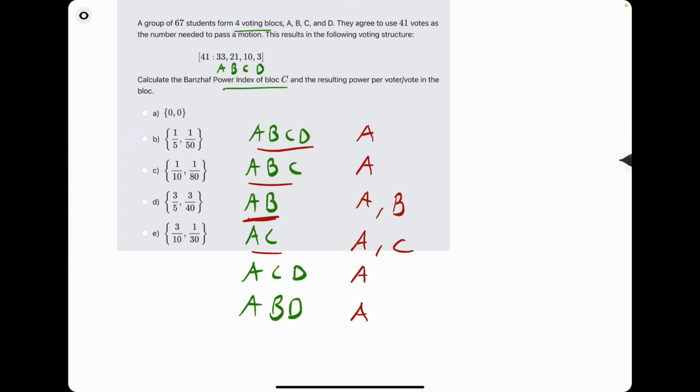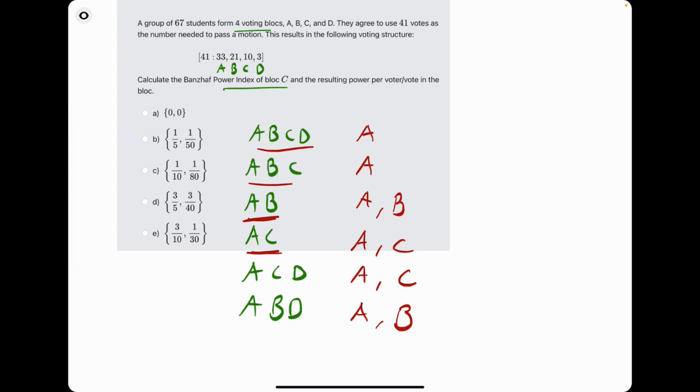So A and B are both critical in that case. Same argument for AC. And then ACD, oh, this is good. You also need C for this one. If you leave off C, you just have A and D, and that's not a winning coalition. If you leave off A, obviously it doesn't pass. If you leave off D, that's okay. And then same argument for this one, you also need B. Okay, I think we got it.